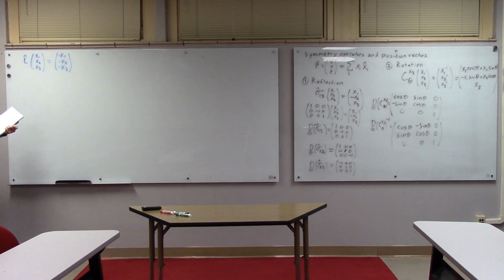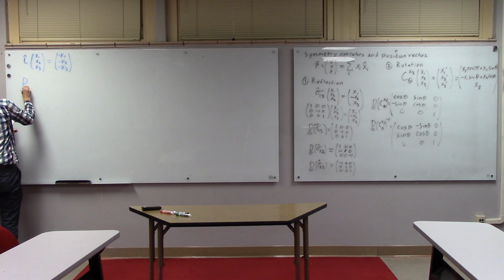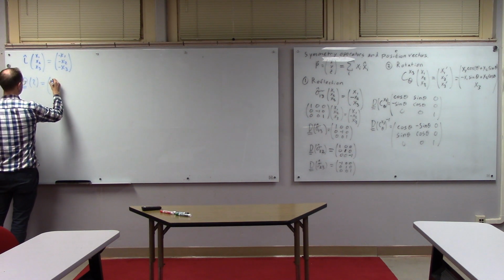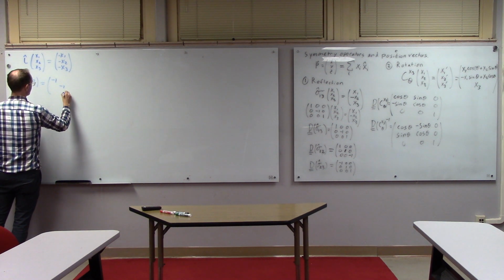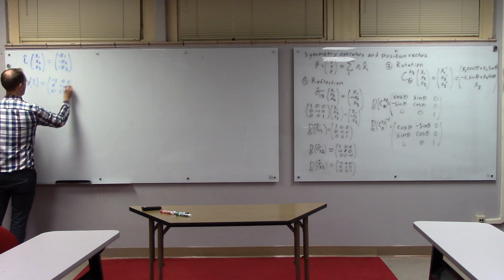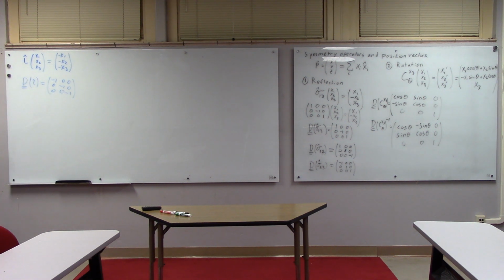And so the matrix representation of that operator is going to be a diagonal matrix with -1 along the diagonal. Right? You can easily prove to yourself this times this vector is going to equal this vector.